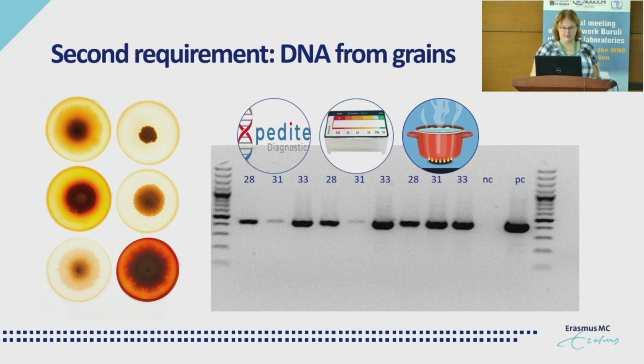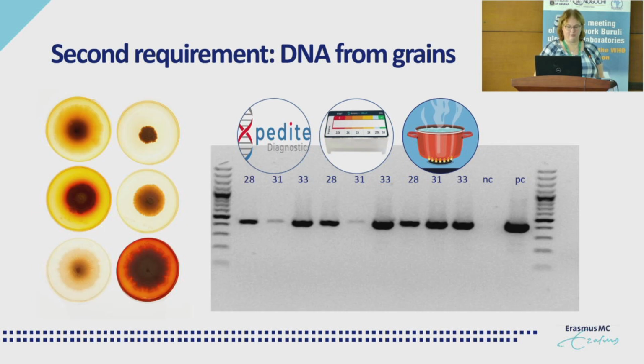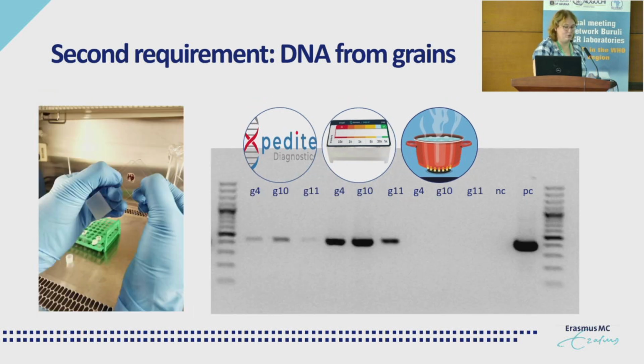With the Expedite kit, there's only one but. And that will appear when we talk about the grains. So then we did the same for the grains, and I wouldn't expect this to work without beating actually. But we tried anyway. And as you can see, very faint bands with the Expedite, but we did get amplifiable DNA.